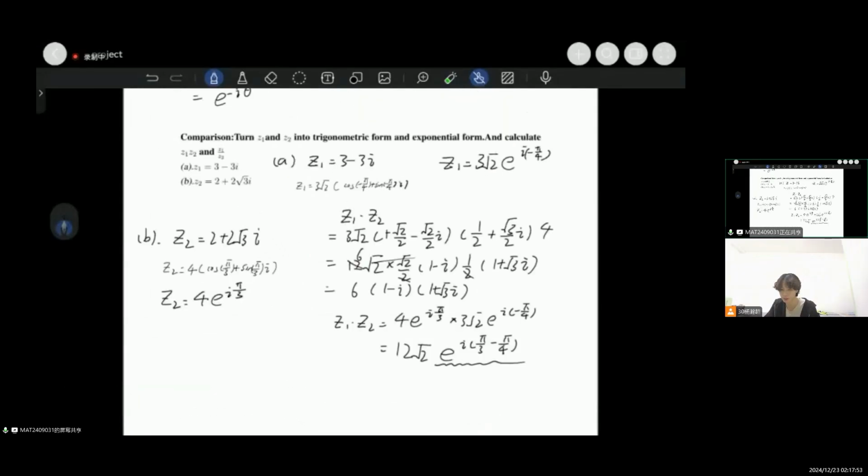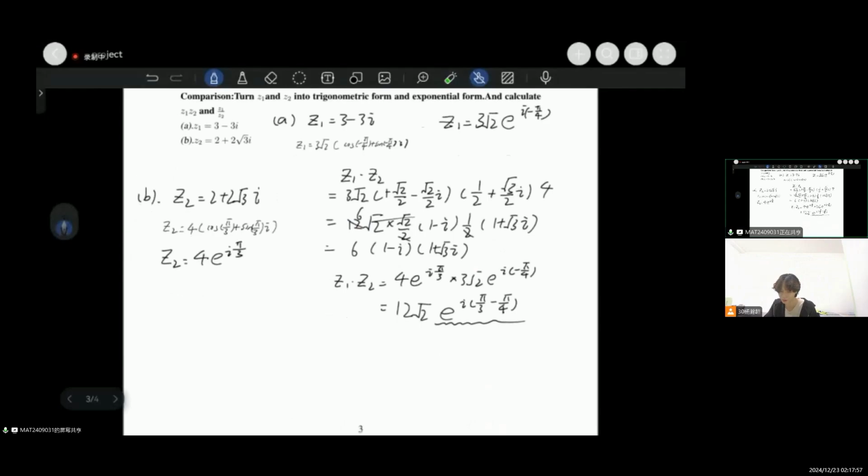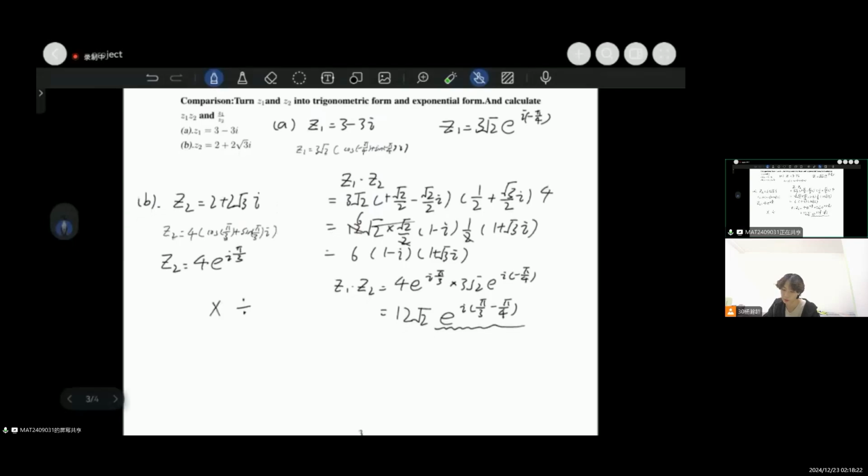It looks complicated now, right, but this is because the angle I gave is not easy to calculate. But in most situations, for the multiplication and for the division, exponential form is easier to calculate than trigonometric form.